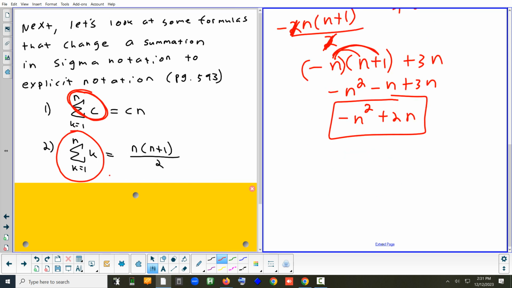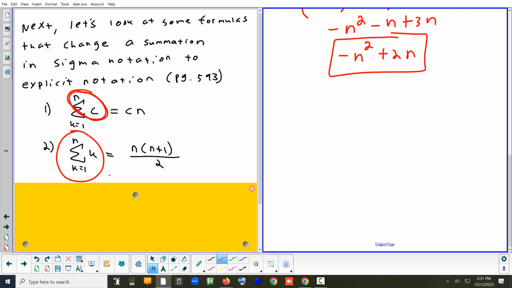Let's try one more like that, and I think that's where we'll stop. So we won't do anything else for today. Let's do the sum from k equals 1 to n of 4k plus the sum from k equals 1 to n of 5.